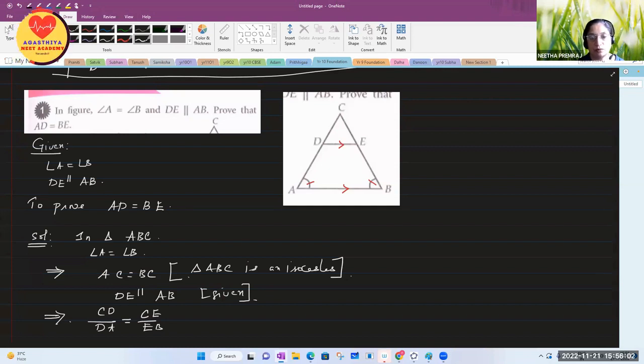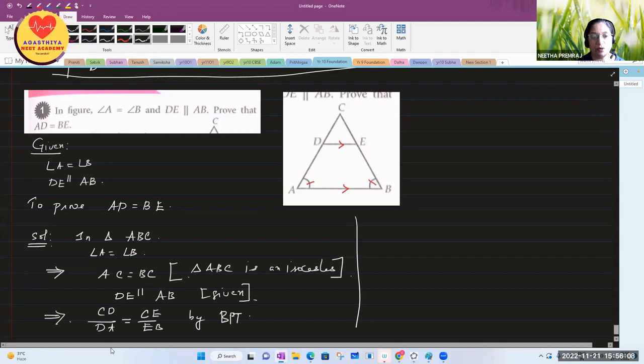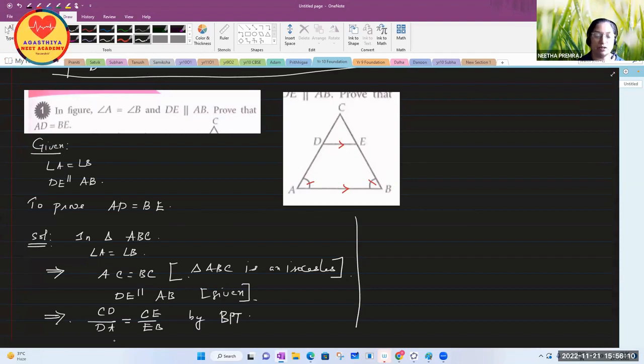Now, what else can you write? So you want to prove AD is equal to BE. So you want to make something equal to AC. Okay, let it be CD, I write in terms of AD. How do I write?